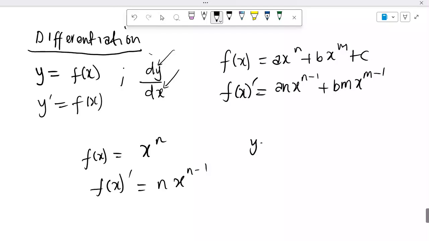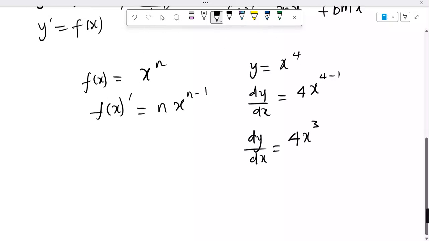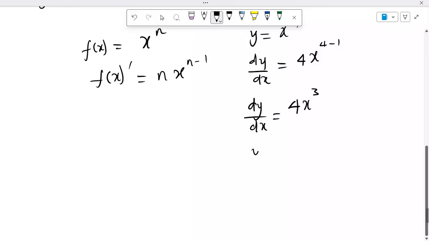For example, y equals x to the power 4: dy dx equals 4x to the power 4 minus 1, which is 3. You are just reducing the power. This is the same as writing y prime equals 4x to the power 3.